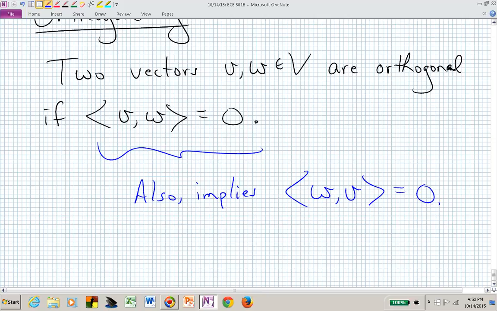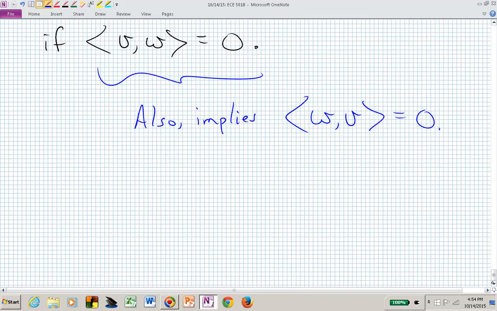So it doesn't matter which slot you put them in, they are both going to yield an inner product of 0. They're going to continue to be orthogonal if slot 1 and slot 2's vectors are orthogonal. You interchange those, you're not going to change their orthogonality properties. That's a good thing. What else can we see with respect to orthogonality? What are some observations? A couple.